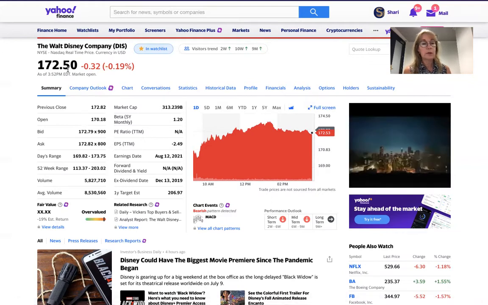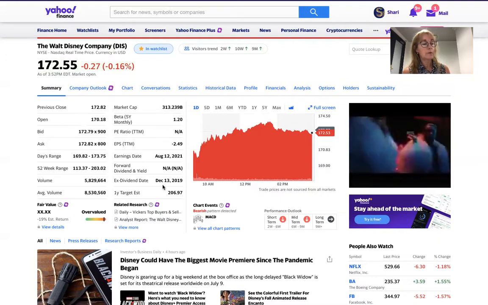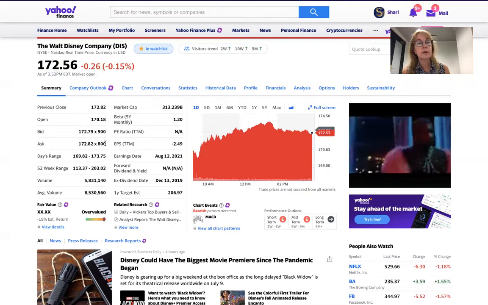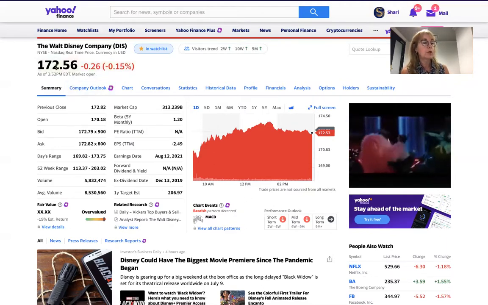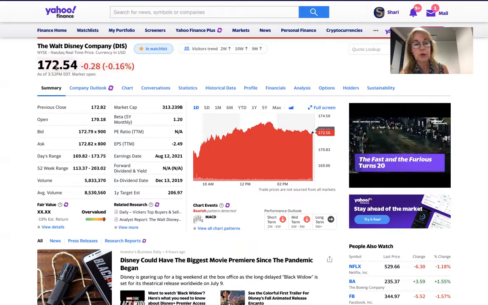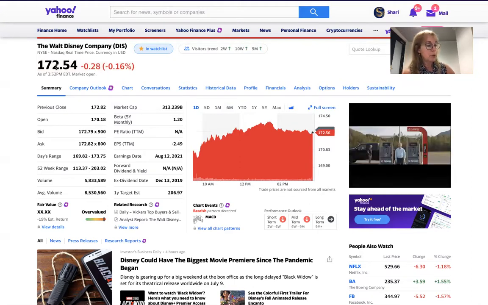So I'm just going to round up. I'm going to take $207 minus, I'm just going to make this 173, minus 173 is $34. So they're expecting a $34 increase divided by 173. That's 19.6%.